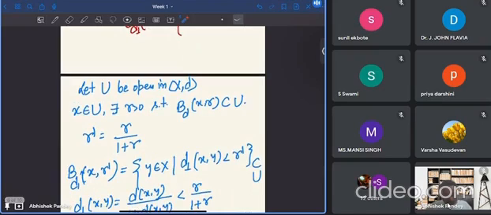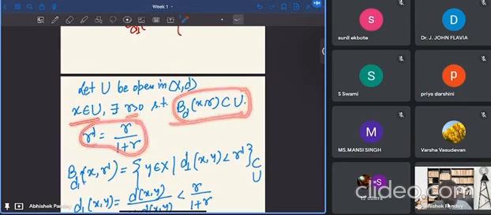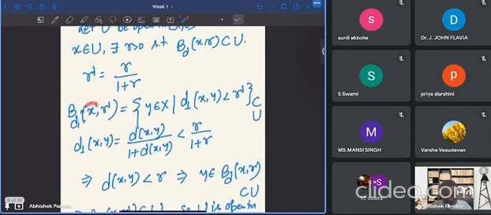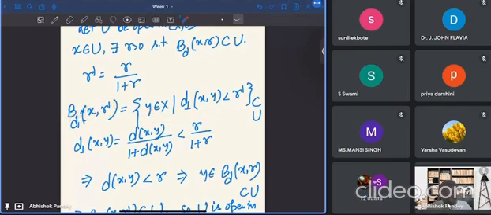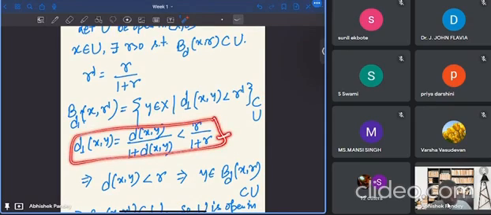Now suppose let U be open in X comma d. It means that if you take any point x belongs to U, there exists r such that this ball will be contained in U. Now you take a radius r dash, and you consider a ball centered at x, radius r dash in this metric d1. This will be nothing but this set. Now what is this set? So y will be in X such that d1 of x comma y is less than r dash, which means this one, and from this one you will get that d of x comma y is less than r.